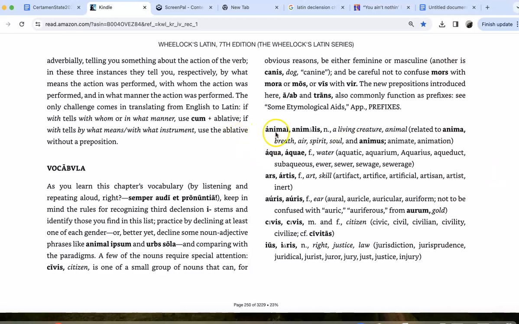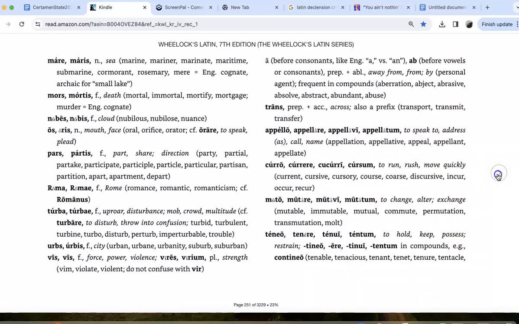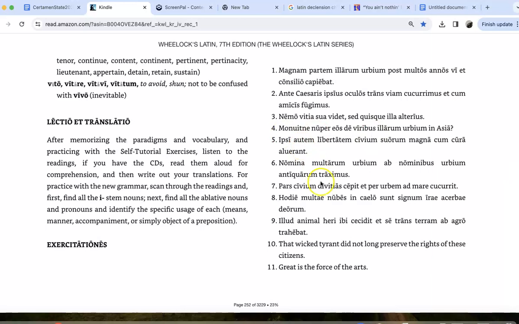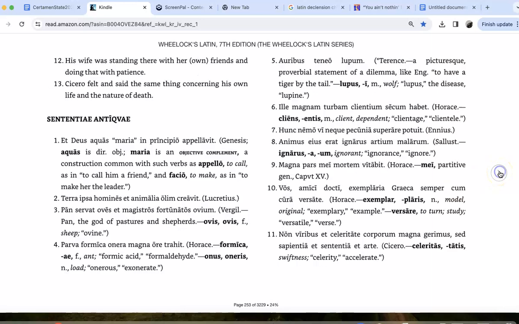Don't forget there is a companion website if you want to practice hearing how these words are pronounced, although I don't think pronunciation in Latin is that difficult. But we will be using these new vocabulary words in our readings and exercises for today. So make sure you familiarize yourself with those before you tackle the sententiae antiquae or the classical sayings or ancient sentences.